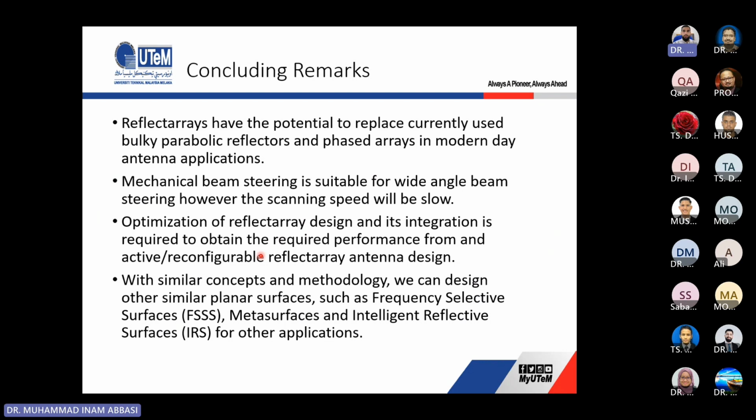When we use electronic components like varactor diodes, pin diodes, and MEMS switches, the beam steering will be very fast. Of course, there are some disadvantages to those techniques, but when we use phased arrays or mechanical beam steering, we have to sacrifice speed, so the beam steering will be slow.